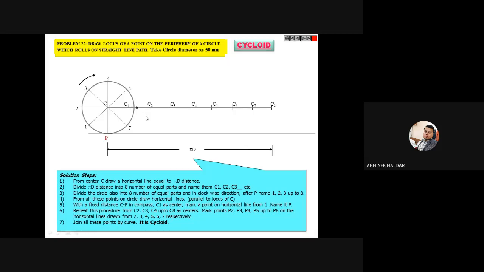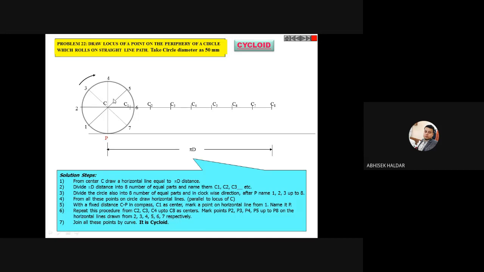So you can divide this line directly by the set square method, or you can divide the bottommost line and just take up vertical lines so that you will get these C points. Now why into 8 equal parts over here? Why have I divided this pi d length into 8 equal parts? Yes, because the circle has been divided into 8 equal parts.